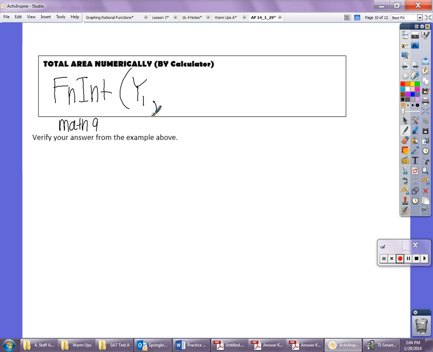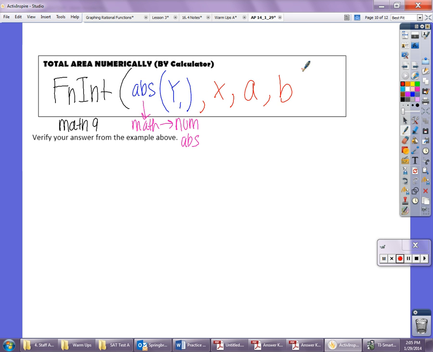For your y1 function, actually let me do it in the right notation, you need the absolute value of y1, which you find in math. Move over to num, and then you'll see the ABS, comma, x, comma, wherever you're finding the area from where to where.